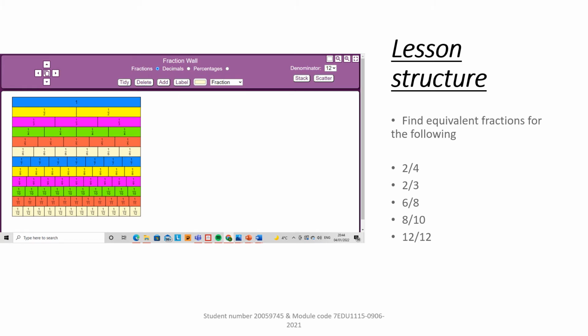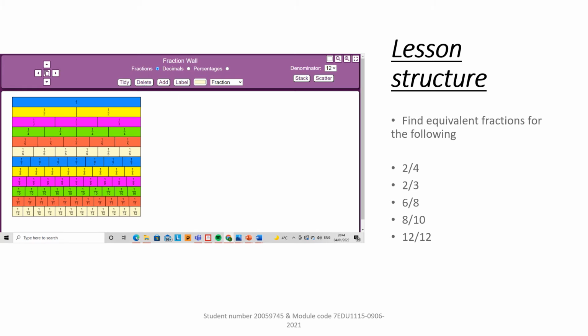So what I decided to do was, for example, when I was trying to find the equivalent fraction for 2/4, I wanted to find the quarters and I got them to identify where they were. So they shouted out to me, it's the green tile just below 1/3.